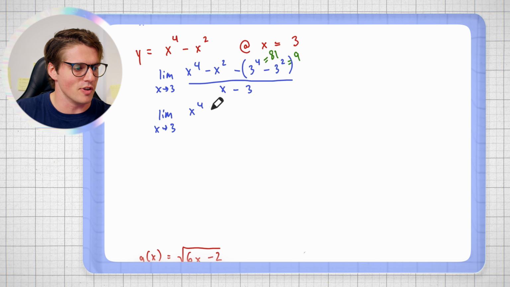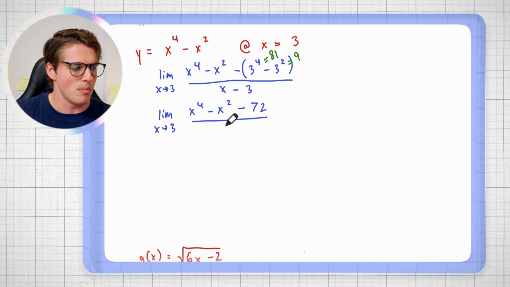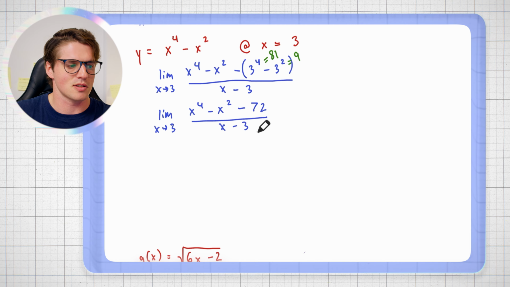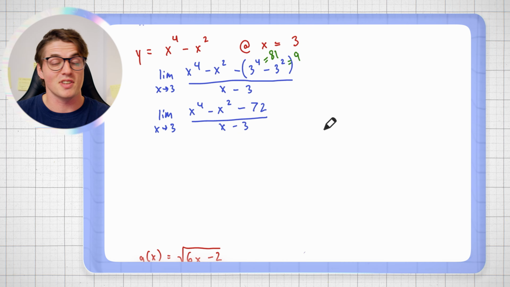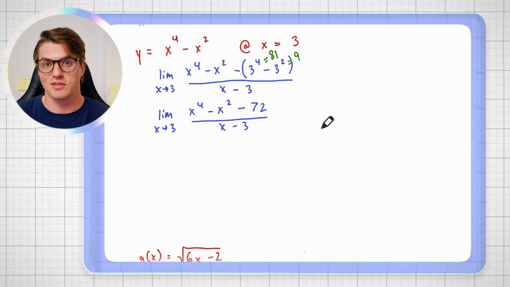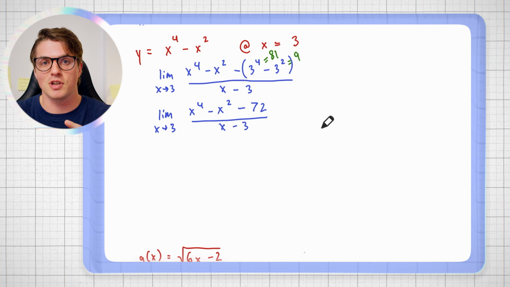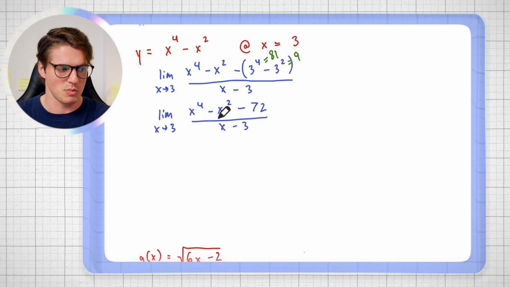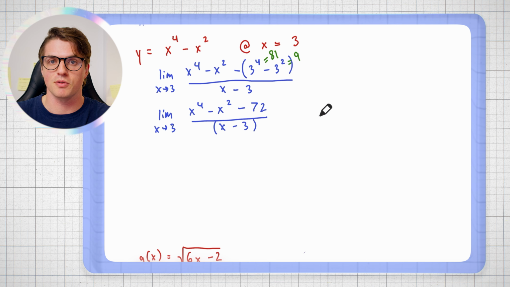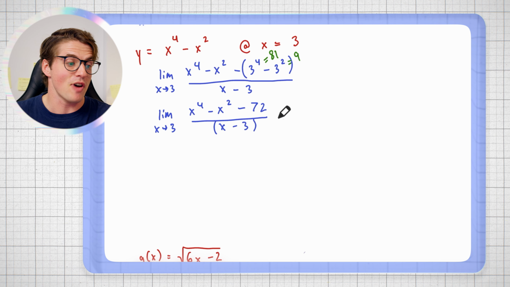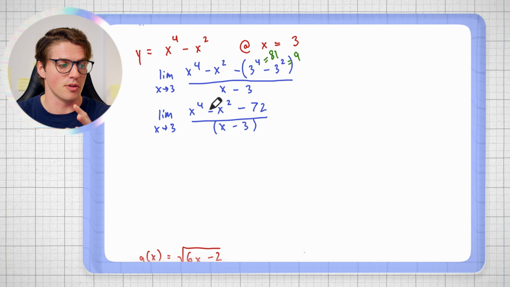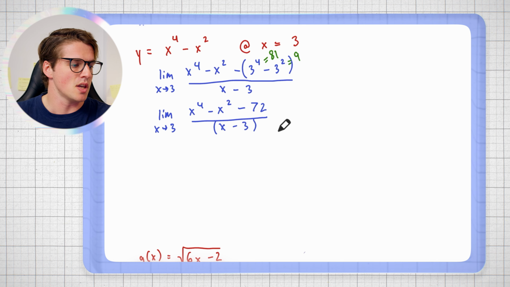So moving on with the actual math. We have x to the fourth minus x squared minus 72, all over x minus 3. Once again, if we plug in 3, we're going to get 0 over 0, so we need to do some simplification. In a situation like this, factoring is the best thing for us because we could get rid of the x minus 3 in the denominator. Factoring is hard though because we have x to the fourth minus x squared minus 72.